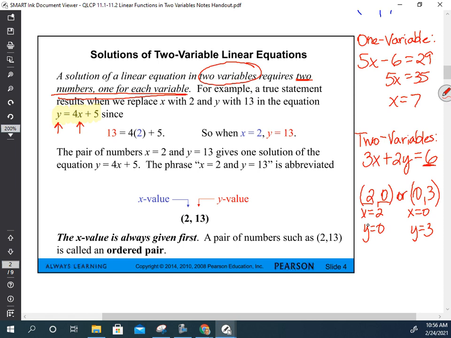So in this case, if you take 2 and plug it in, 4 times 2 is 8, 8 plus 5 is 13. So you plug in 2, then you get back 13.